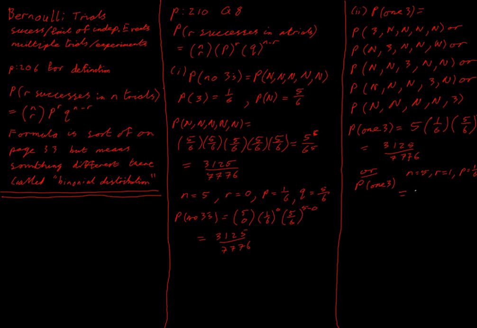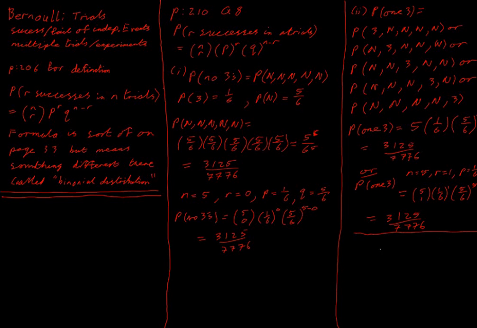Subbing into our formula, we'd have 5 choose 1 on 1/6 to the power of 1, 5/6 to the power of 5 minus 1. We put that into our calculator and we get exactly the same thing.